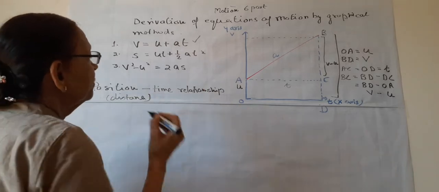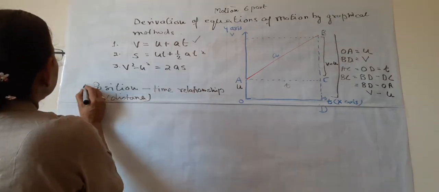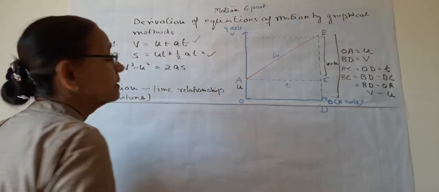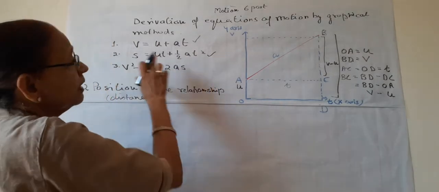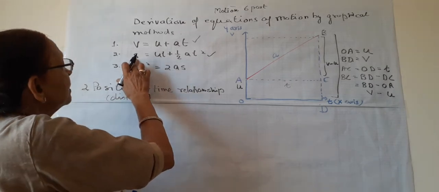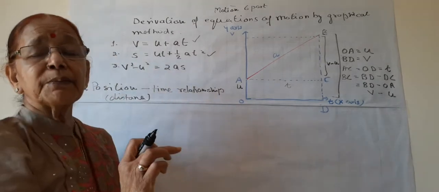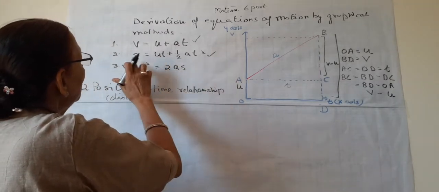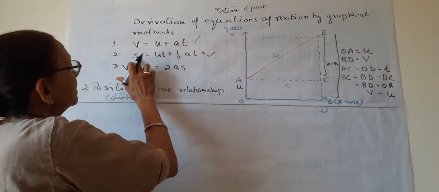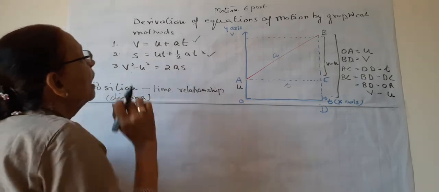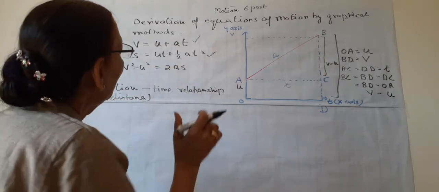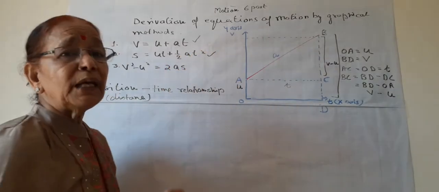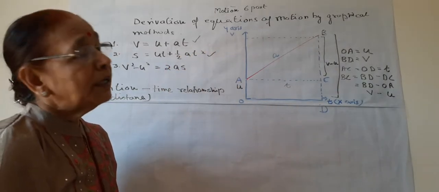I forgot to write what is s. s is displacement or distance. So we have to derive displacement or distance is equal to ut plus half at square, and this relation we also derive from the same velocity time graph.